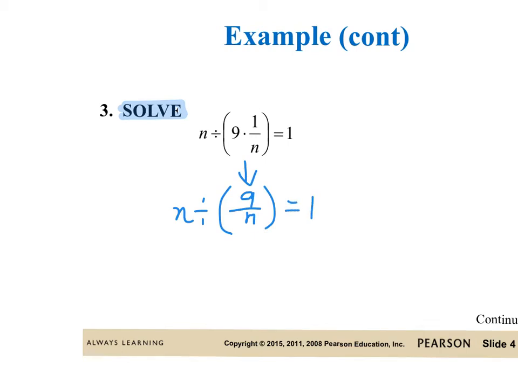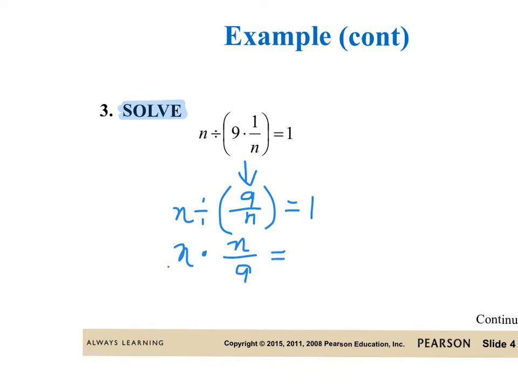And then the way that we divide with a rational number or a fraction is we flip over that fraction and we multiply. So that now is again equal to 1.